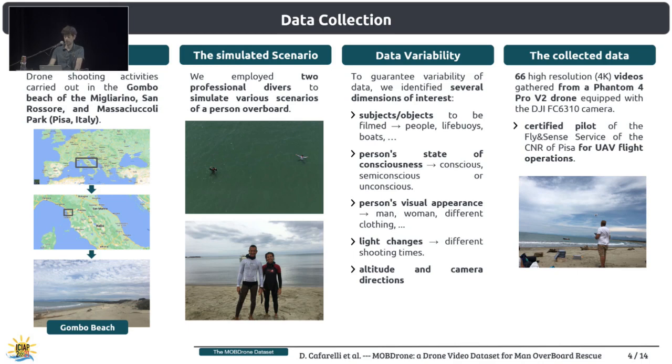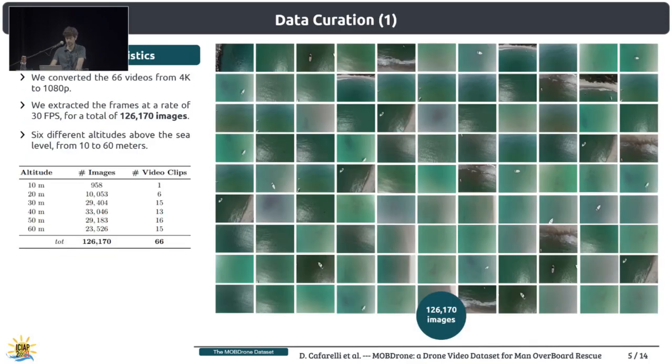We employed 2 professional divers to simulate various scenarios of a person overboard, and to guarantee variability of data, we identified several dimensions of interest, such as subjects or objects to be filmed, person's state of consciousness, person's visual appearance, different light changes, and different altitudes and camera directions. In total, we collected 66 high-resolution videos gathered from a Phantom 4 Pro version 2 drone, employing a certified pilot of the Flying and Sense service of the CNR of Pisa for the drone flight operations.